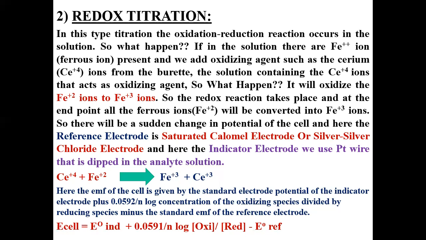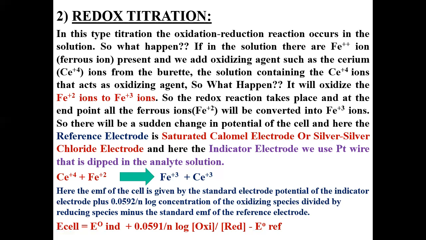And as the indicator electrode we use a platinum wire that is dipped in the analyzed solution. Here the EMF of the cell is given by the standard electrode potential of the indicator electrode plus 0.0591 divided by n into log concentration of the oxidizing species divided by the reducing species, minus the standard EMF of the reference electrode. So this is the equation of the E cell.